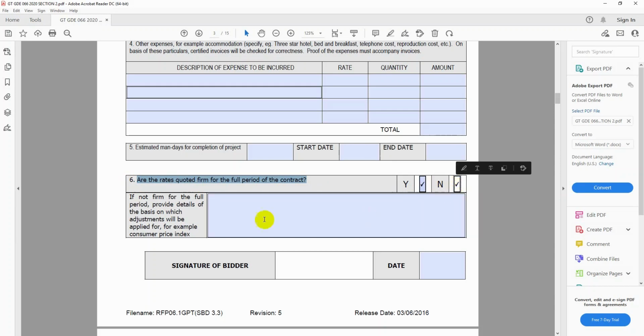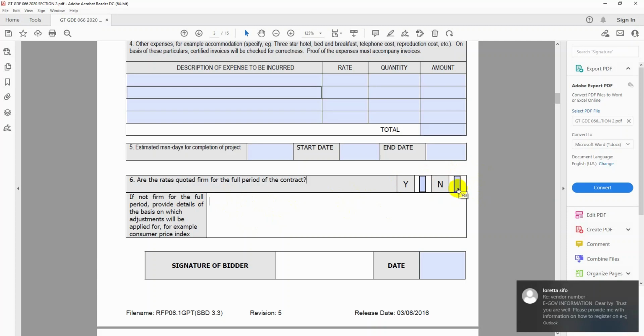So obviously it will be no. And also your employees. In 3 years, maybe your employees will need increase, and the minimum wage maybe will have gone up. So obviously for 3 years, it's a long time, so you can choose no.